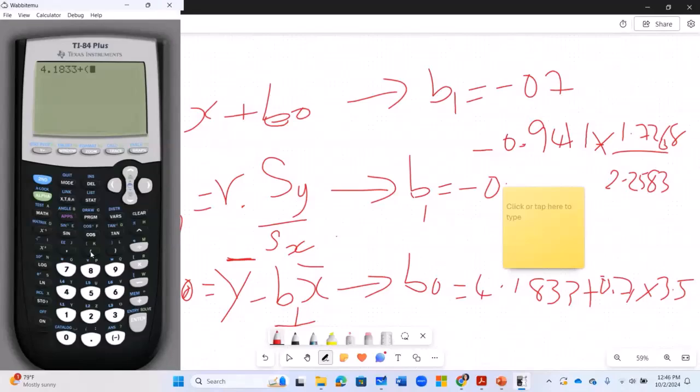Let me make sure: 0.7 times 3.5. Just checking that.